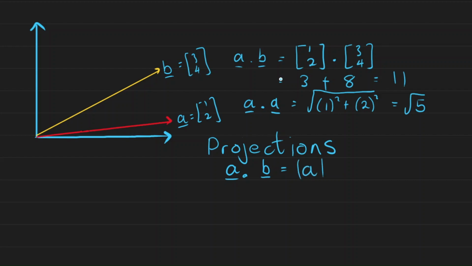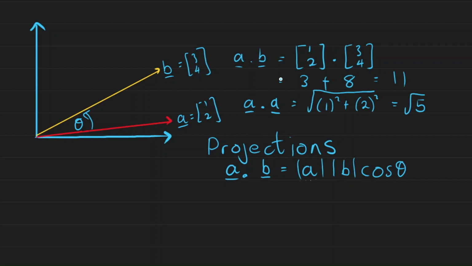Then the question was how much of B, or what proportion or percentage, is in A, and the percentage of B that's in the direction of A depends on the angle between A and B. The percentage of B that's in A is the magnitude of B multiplied by cos of this angle.